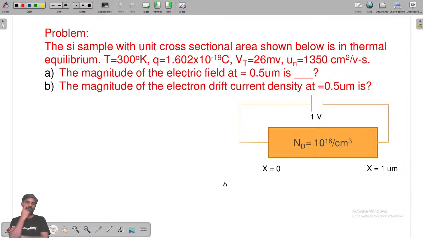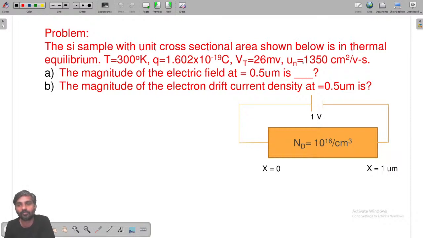Vt is the volt equivalent temperature; we will not discuss that here. Just to confuse you, he has given it. No use of this.